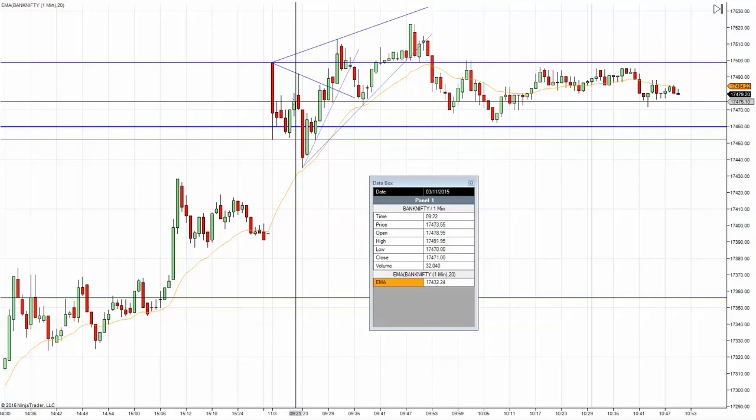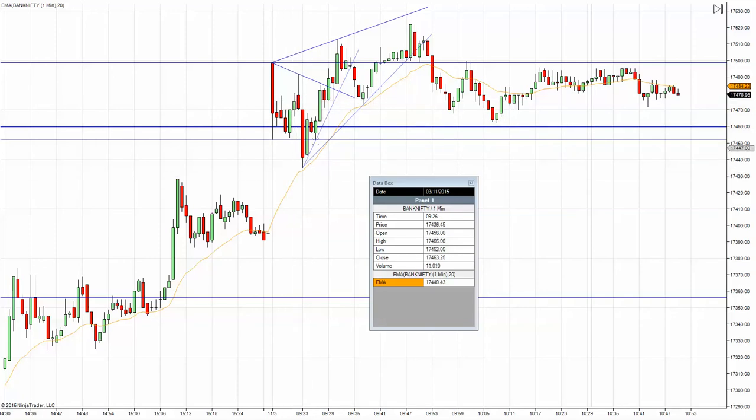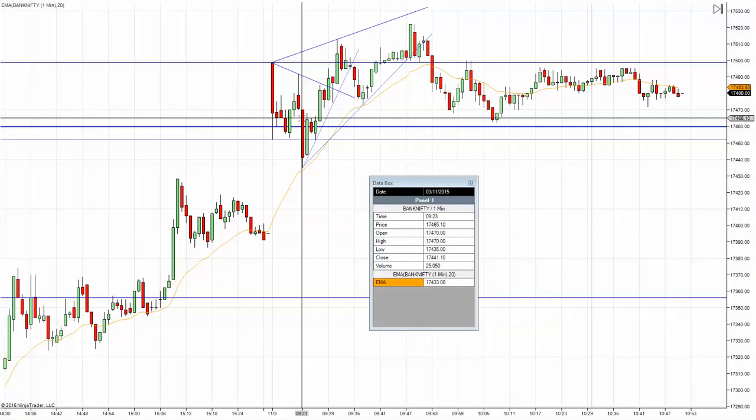I did not. I skipped this one as well. Okay, so it depends on your comfort zone and what trades you want to get in. I just don't want to be a click happy or trigger happy person who's just placing trades left, right, and that is not what I do.